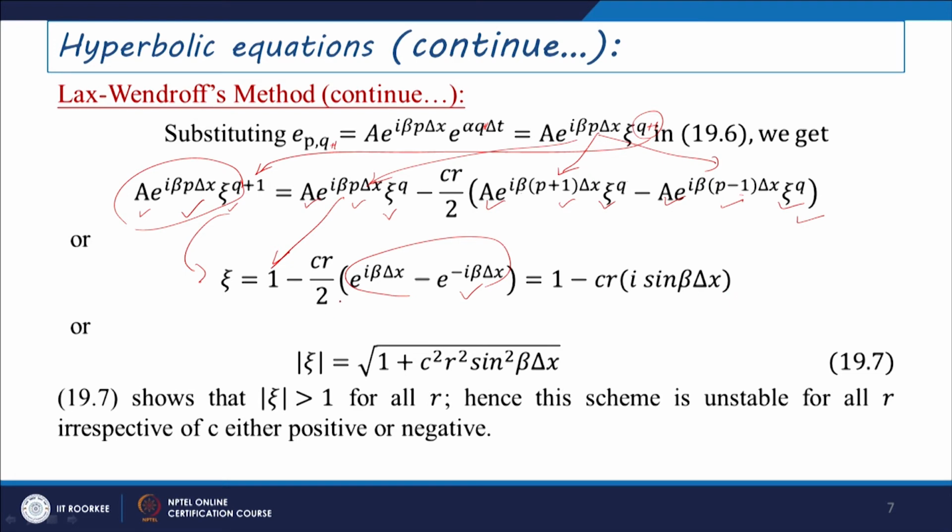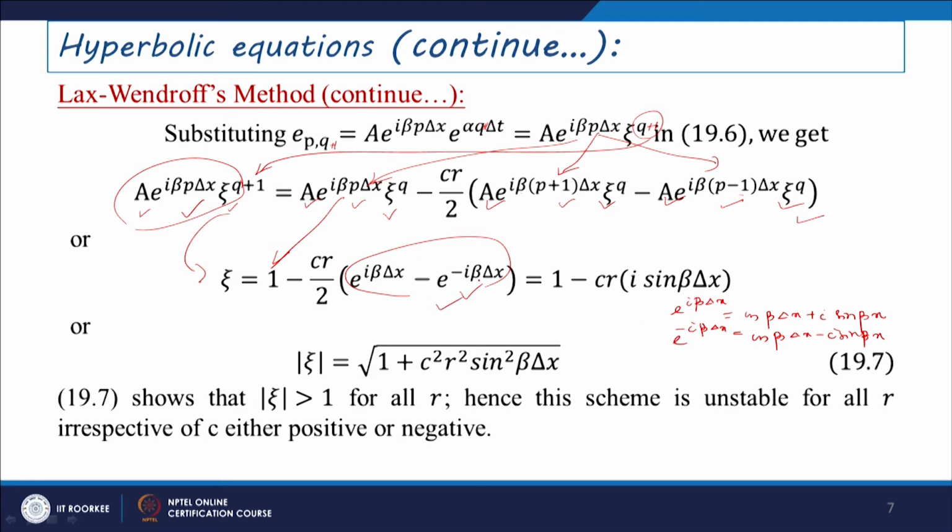So that is why 2 is present itself. So we can write it as 1 minus CR i sin beta delta x here. Since especially if you express e to the power i beta delta x, it can be expressed as cos beta delta x plus i sin beta delta x. Similarly, if you write e to the power minus i beta delta x, it can be written as cos beta delta x minus i sin beta delta x. You can subtract these two terms, then you can find this expression there.